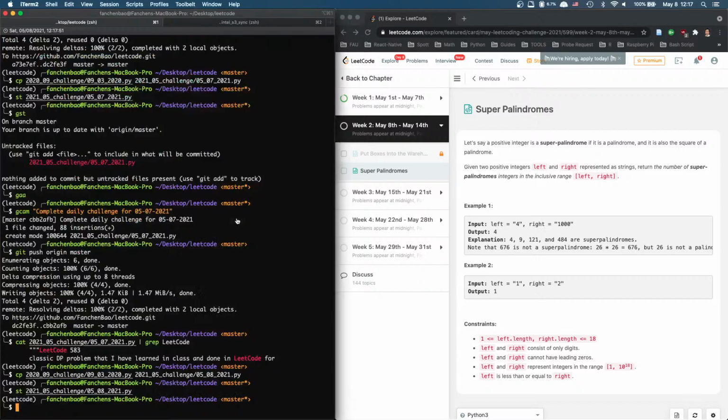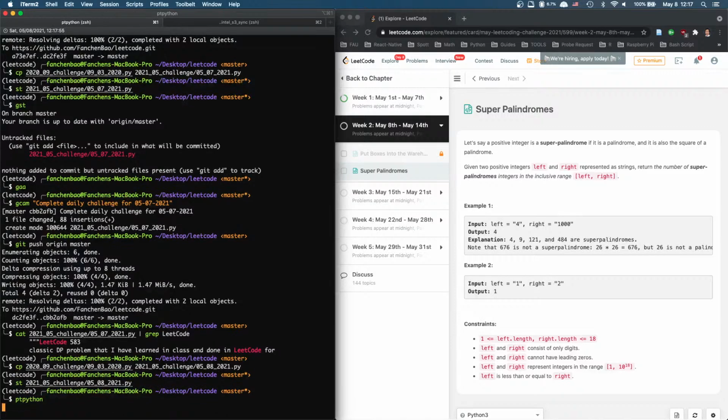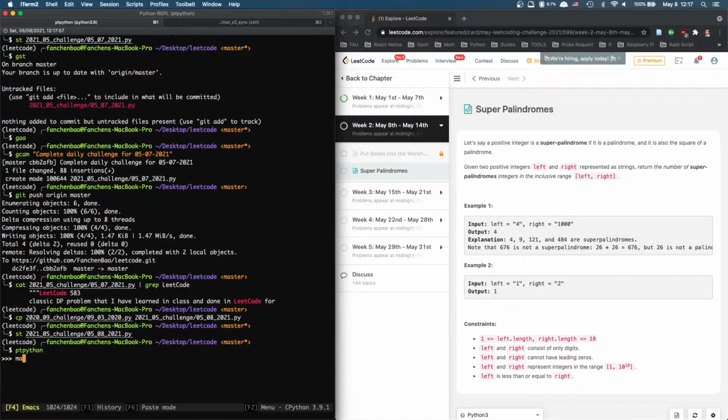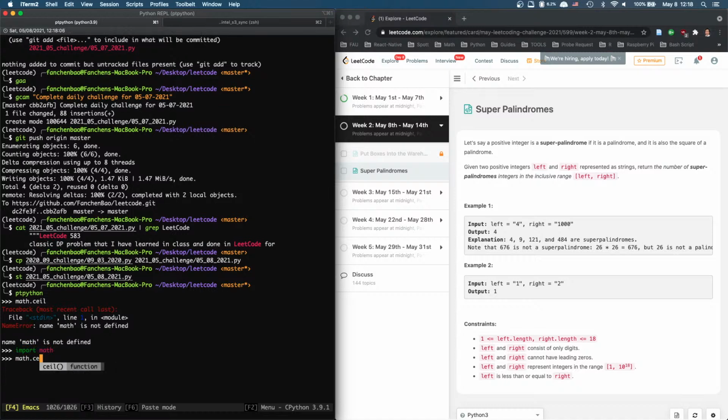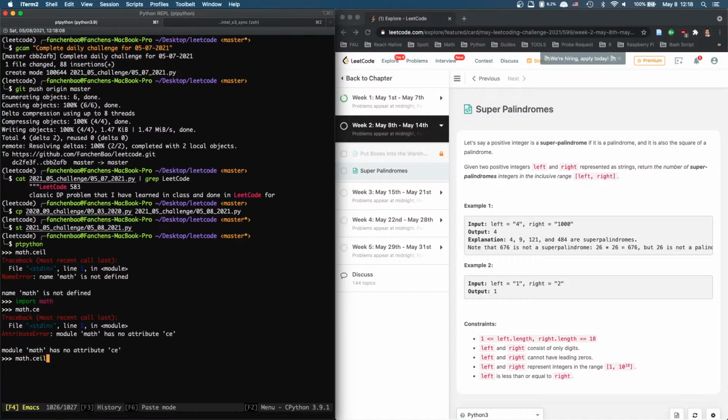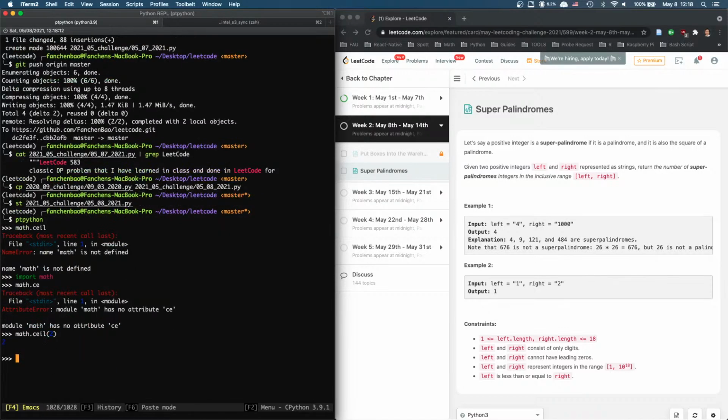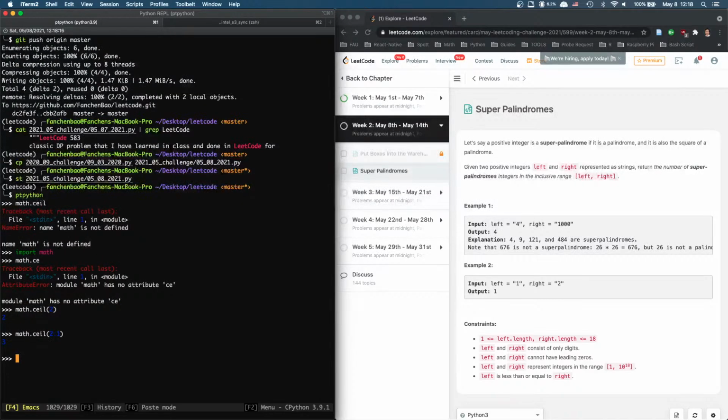Let's try. Import math. Math dot ceiling. Yeah, we do have ceiling. So 2 is going to be 2, 2.1 is going to be 3. Yes, that's what we want.